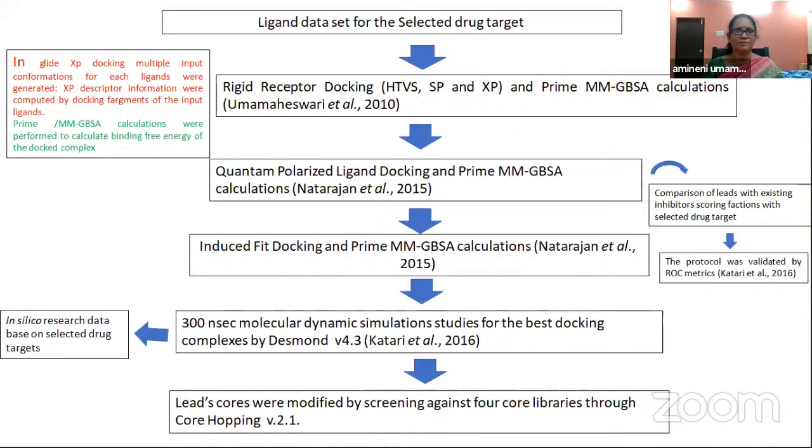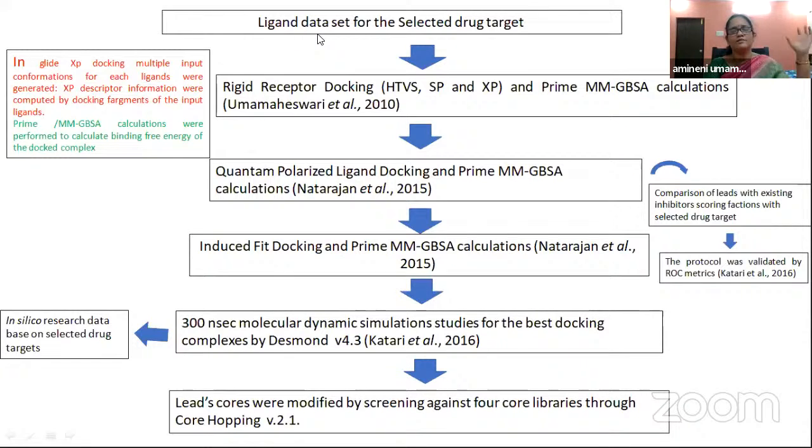We have 28.5 million small molecules in our lab. So first we will screen the compounds in the in-house library. This process is called virtual screening, and we will get some ligand molecules. This is called a ligand data set.